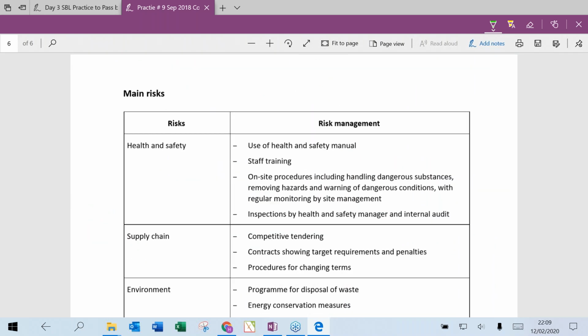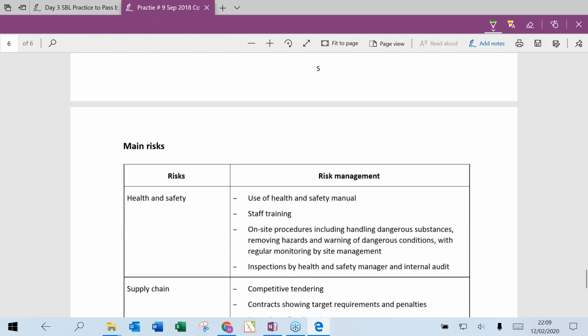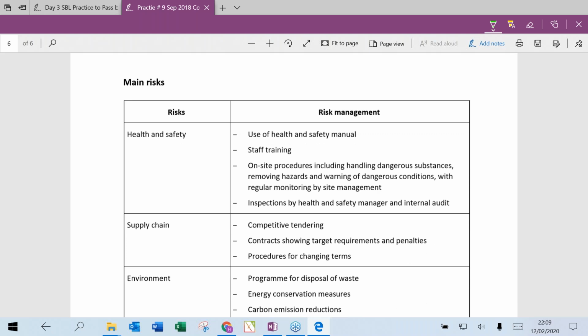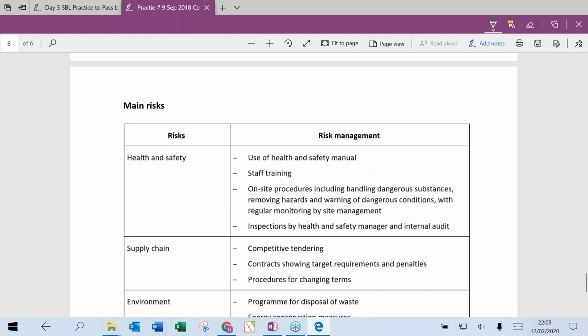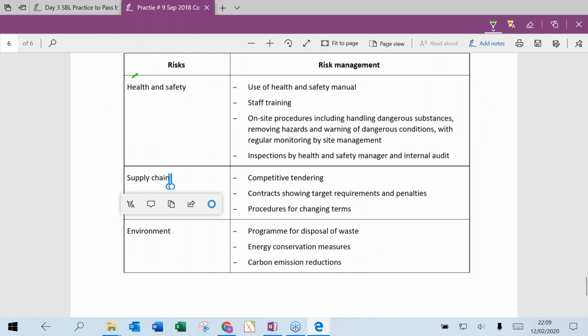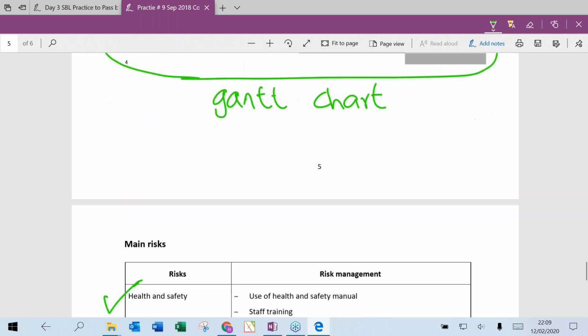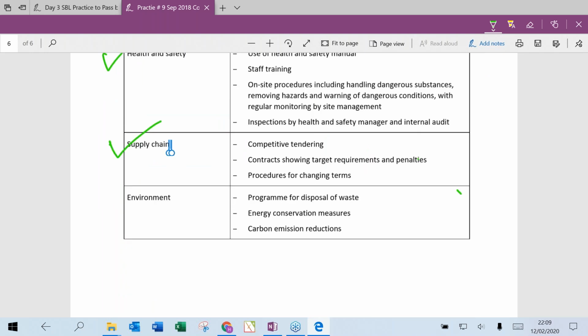Then he talked about main risks. So there are some main risks that have been mentioned under this document. He talked about health and safety. Fine. He talked about supply chain. Fine. And he talked about environment. Fine. So what's wrong in all this?